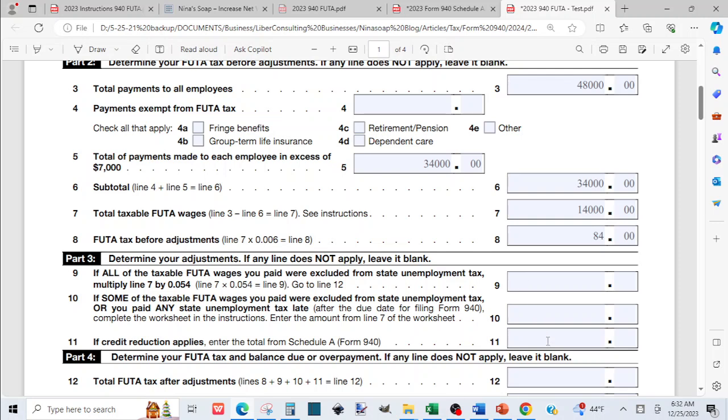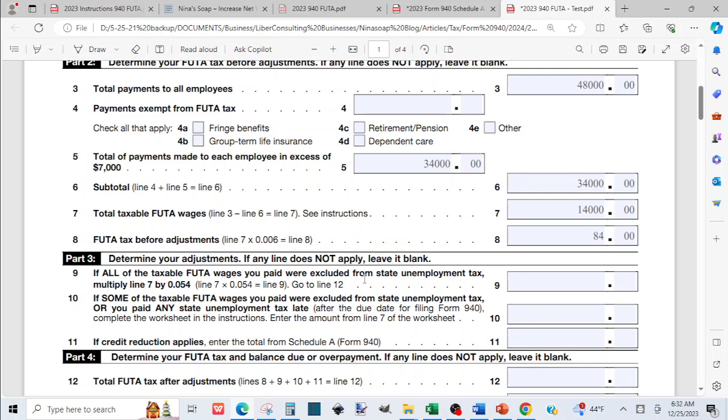Another thing I will suggest, if you are not sure whether you qualify for the maximum credit, is to visit your state. And again, for line 9 not to be related to you, you have to make sure you are paying your state unemployment tax on time, by the due date that this Form 940 is due to the IRS, which is January 31st of 2024.